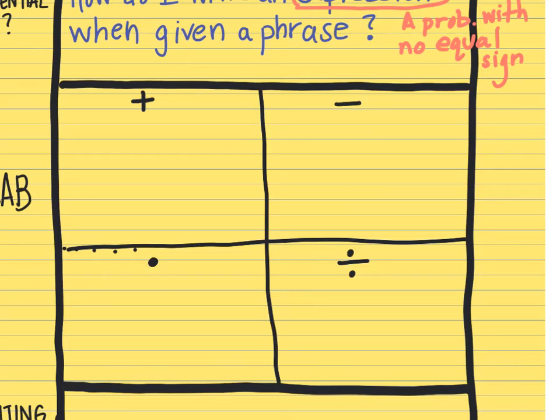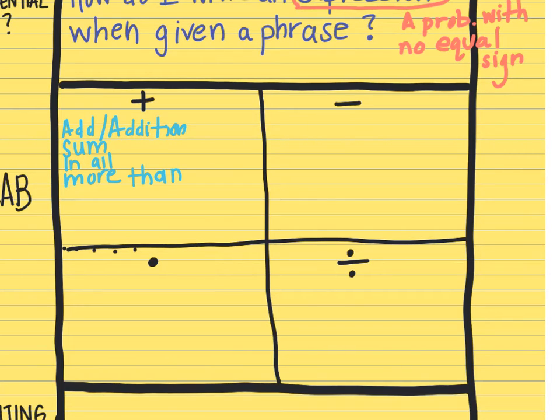So for the plus sign, you might see the word add or addition, all right? That's very, very common. Some other words that you might hear are sum, and I know you guys have seen this word before. You might see in all or more than. Those are very popular when you're looking at word problems, like Kevin is 8 pounds more than Michael.